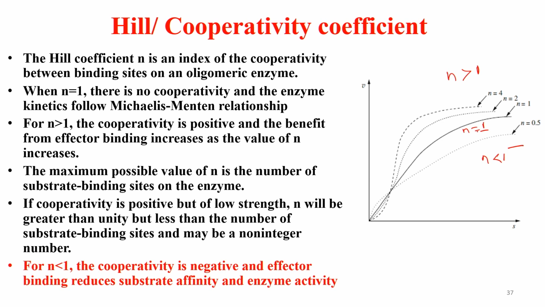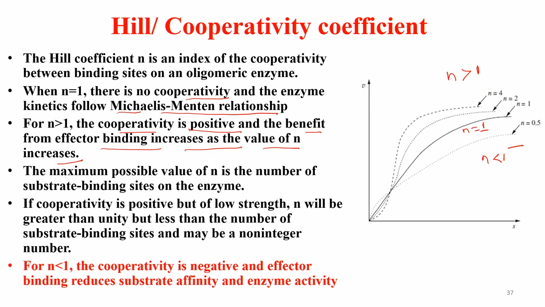Now, it has three different significances. When n is 1, there is no cooperativity and the enzyme follows the Michaelis-Menten relationship. When n is greater than 1, cooperativity is positive and the benefit from effector binding increases as the value of n increases.